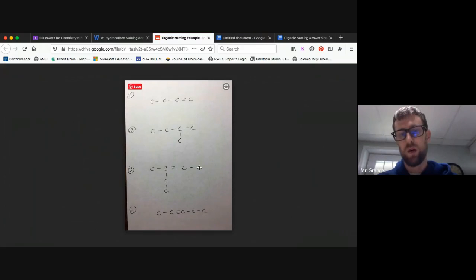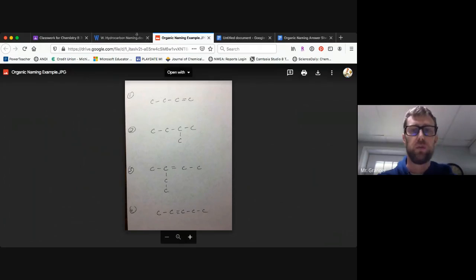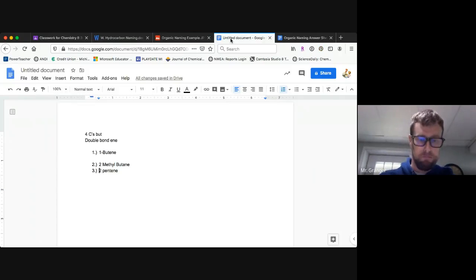So carbon 1, carbon 2, where the double bond was, and then carbon 3 has this little side branch methyl group off to the left. So we number that 3-methyl for the side group, and then 2-pentene is the parent chain name. So number 3 would be 3-methyl 2-pentene.